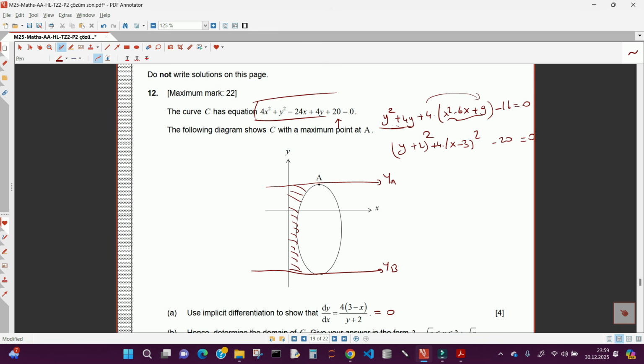And we will write it in terms of y. So let's write it here. 4 times x minus 3 squared equals 20 minus y plus 2 squared. And x minus 3 squared equals 20 minus y plus 2 squared, over 4.